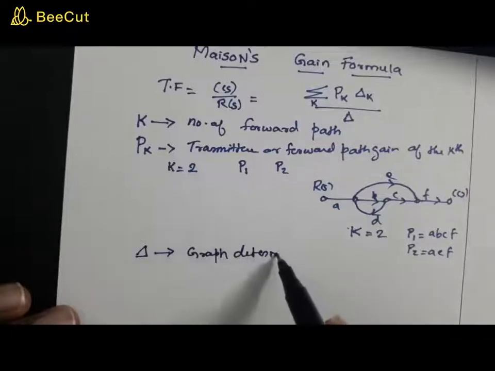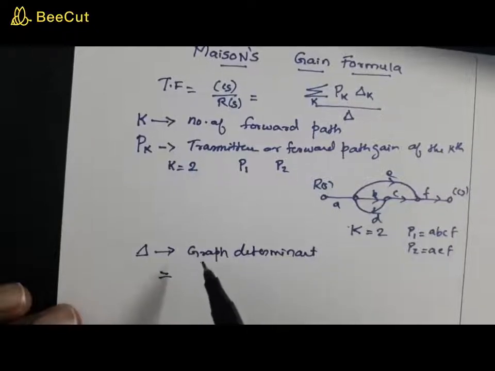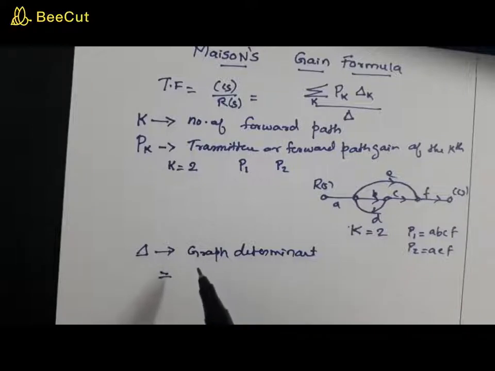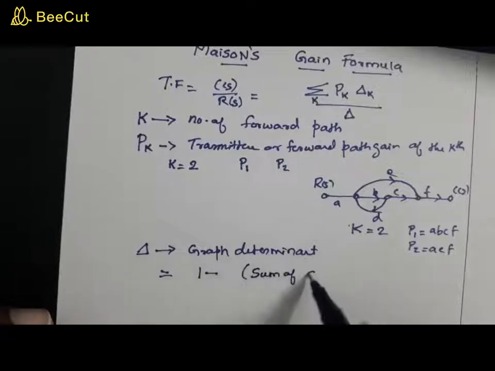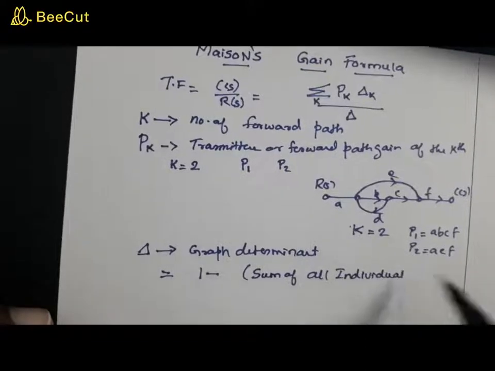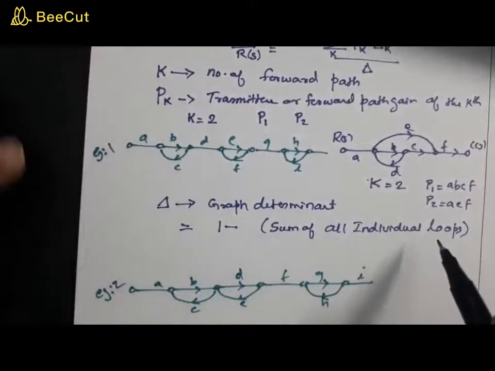The expression sounds similar to the evaluation of a determinant, and this is given by 1 minus the sum of all individual loops. Now, this is 1 minus the sum of all the individual loops.